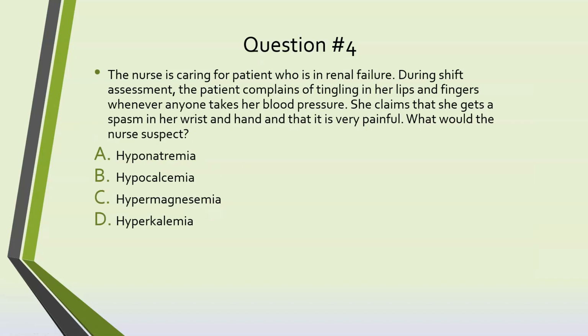The nurse is caring for a patient who is in renal failure. During shift assessment, the patient complains of tingling in her lips and fingers whenever anyone takes her blood pressure. She claims that she gets a spasm in her wrist and hand, and that's very painful. What would the nurse suspect?